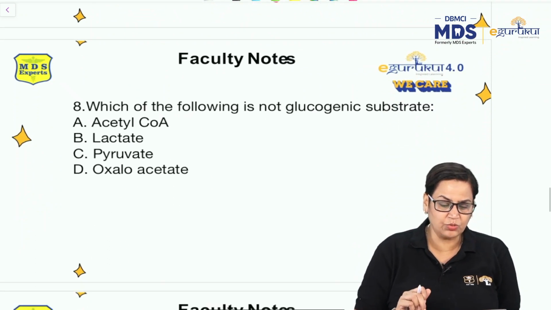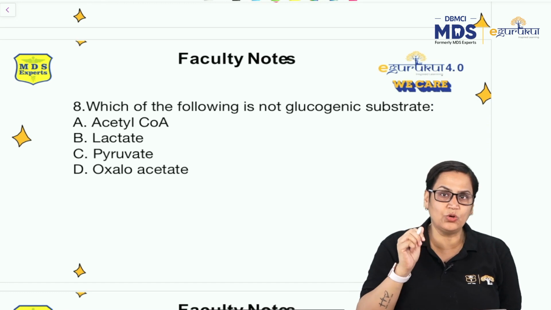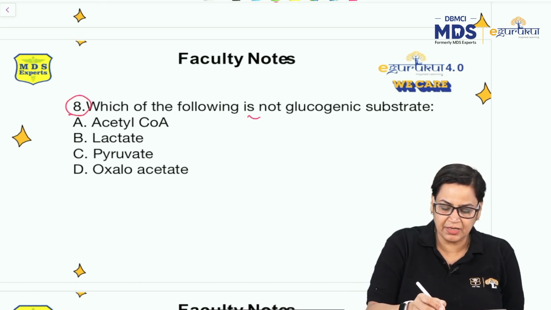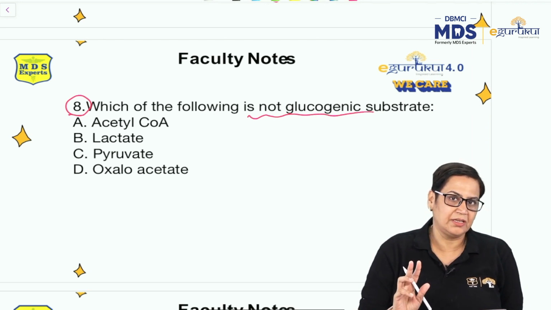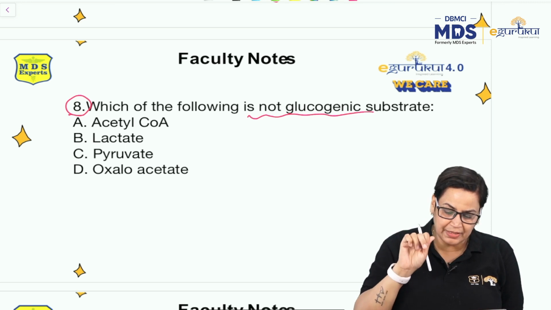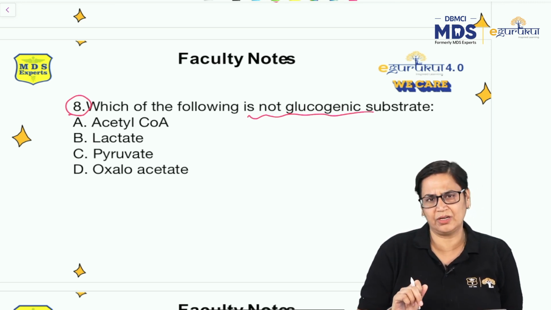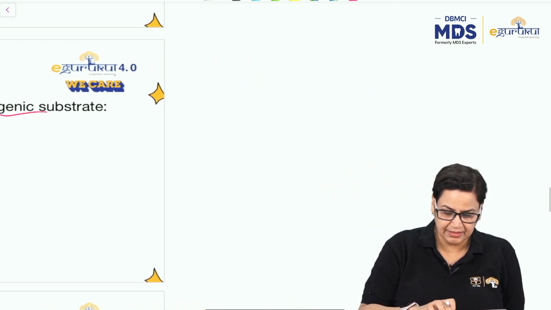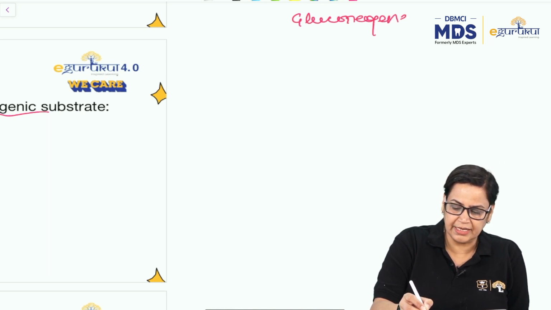Then moving on to the 8th question, which of the following is not glucogenic substrate? Again, a very important question. I remember some 3-4 years back, there were 2 questions in an exam which were asked on gluconeogenesis. Very, very important. First of all, how do we define gluconeogenesis? Gluconeogenesis.